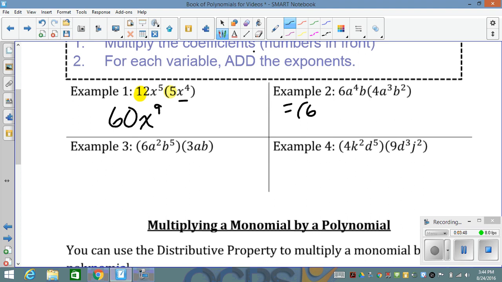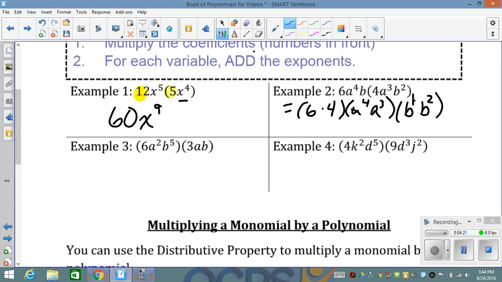So I'm going to put the 6 and the 4 together because they're both coefficients. I'm going to put the a to the 4th and the a cubed together because they're both a's. And then I'm going to put the b and the b squared together. Okay, now before we actually multiply our coefficients and then for each variable add the exponents, I'm going to remind us here that this is an exponent of 1.